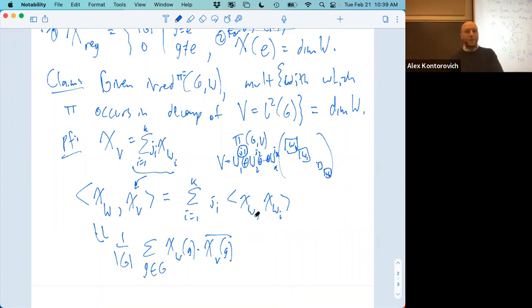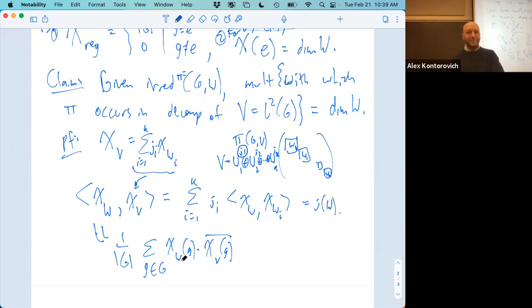So what happens when we look here? By orthogonality of characters, we get a 1 exactly for the i for which W is equivalent to W_i, and 0 otherwise. So this exactly picks off J_i, the multiplicity with which W occurs.